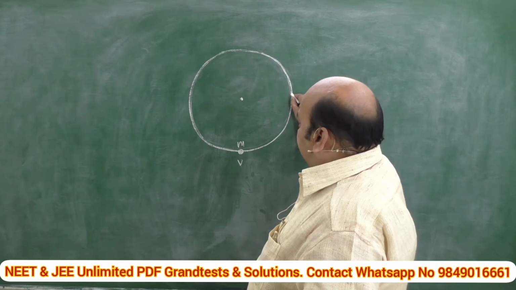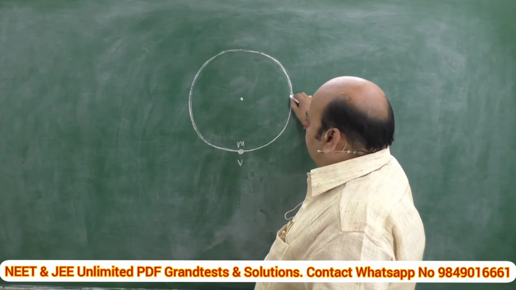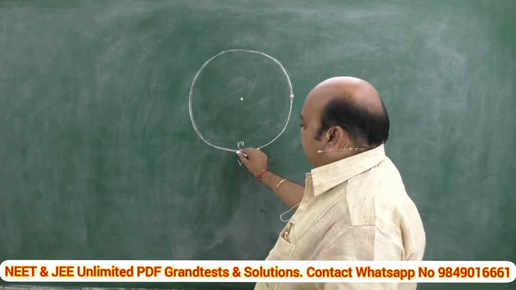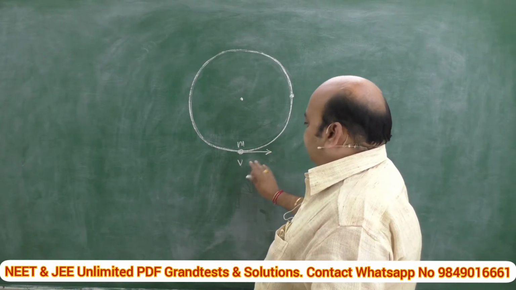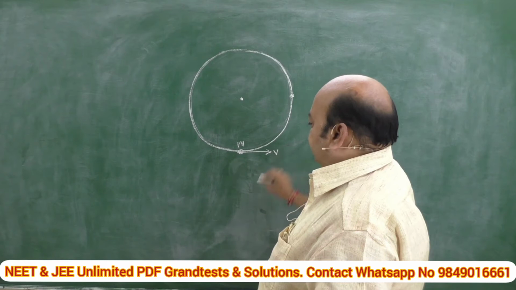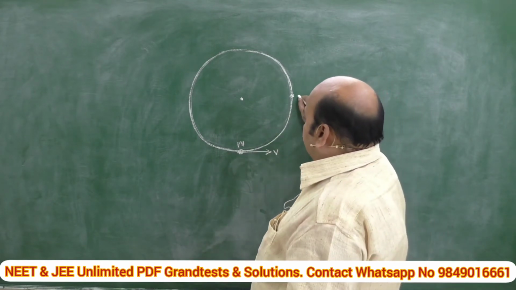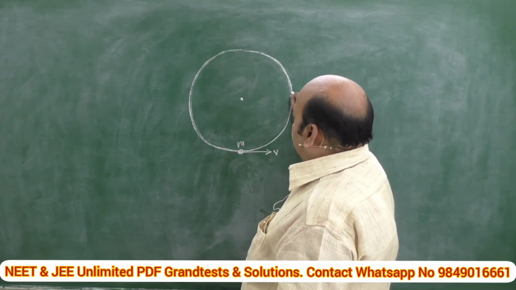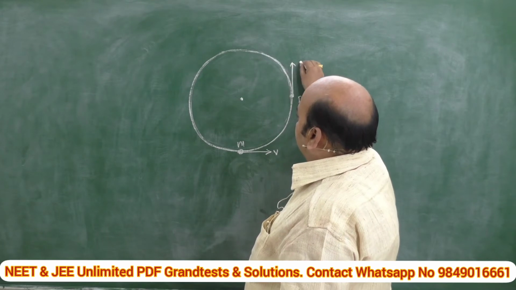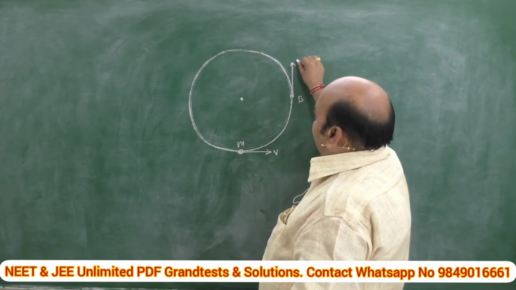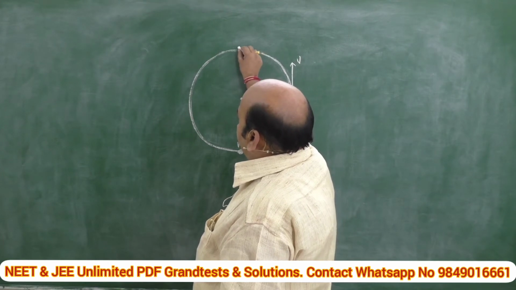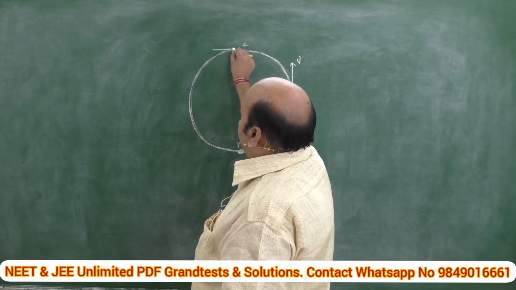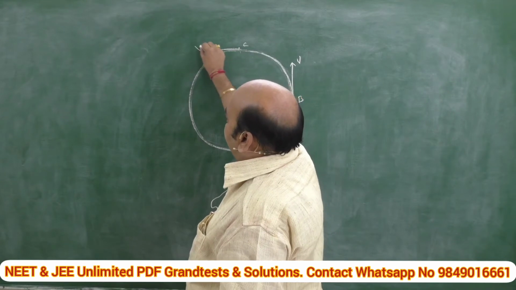At any instant of time, its velocity is represented by the tangent drawn at that point. That means it acts tangentially. It is the direction of the velocity. When the body is at A, its velocity is given along this tangent. And when it is at the point C, its velocity is along the tangent.